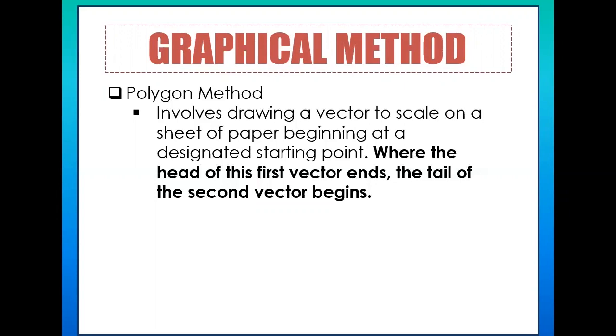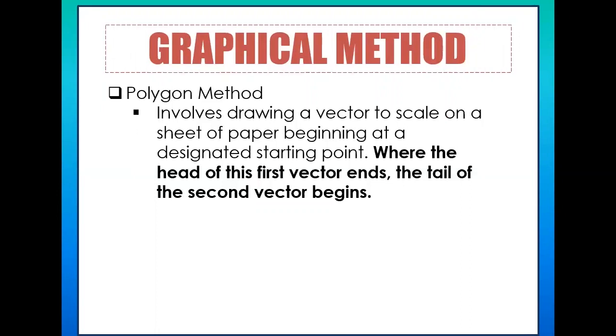We have to represent our vector using an arrow. The tail of it must be properly measured. That is for the magnitude. And for the direction, we have to use a protractor, following the counterclockwise angle of rotation from due east in order to get the direction of the given vector.